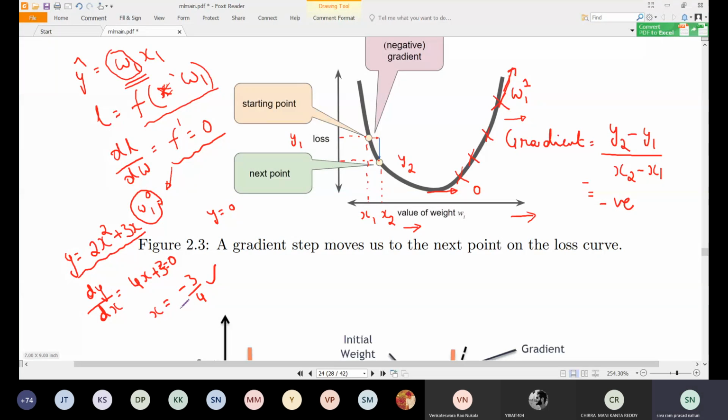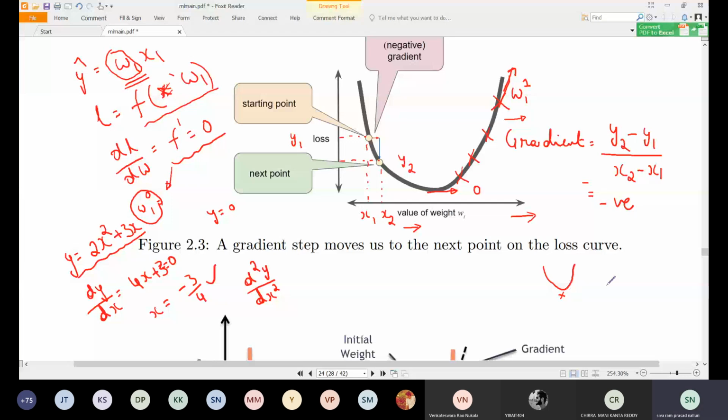You have to find out the second order derivative, d square y by dx square. If you have reached the minimum value, the second derivative will be positive.